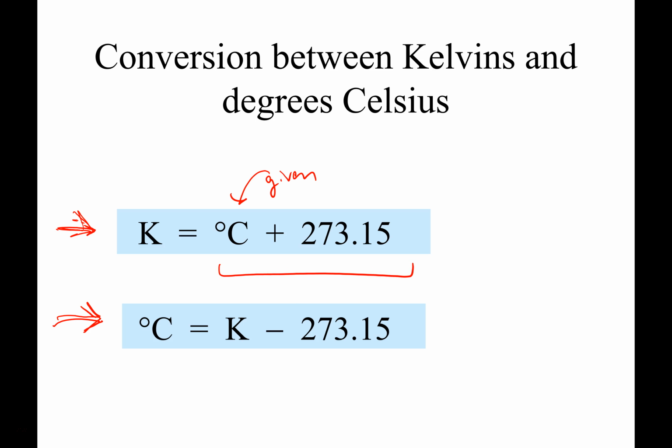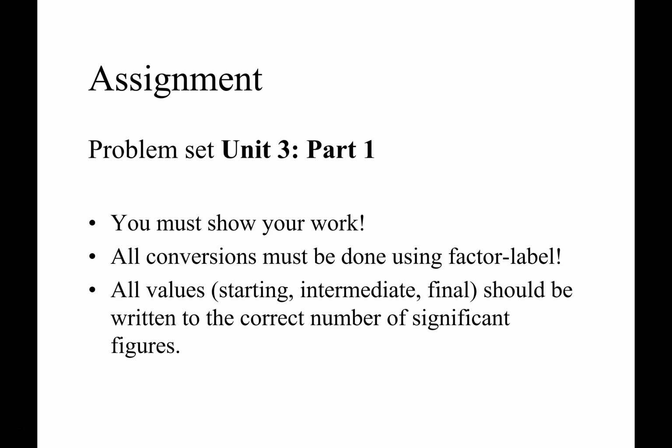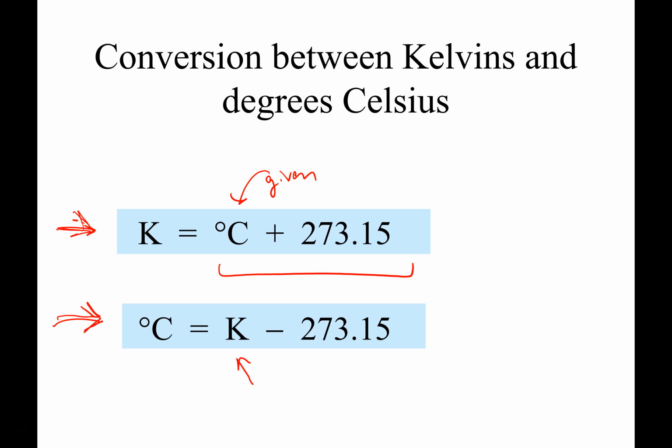If your temperature is given in Kelvin, then you're going to subtract 273 to get it to Celsius temperature. I say 273, but with 5 sig figs or 2 decimals, it's 273.15.